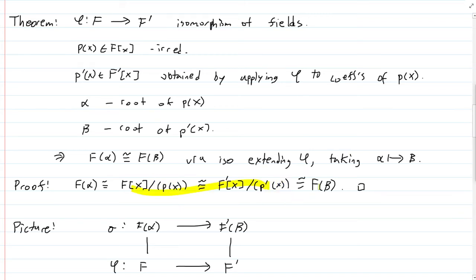Right, and then you use the same theorem that you use for the first isomorphism for the second isomorphism. So really the key is understanding this and then using the first isomorphism theorem to get this. Okay, so that's basically the idea. Any questions about that?